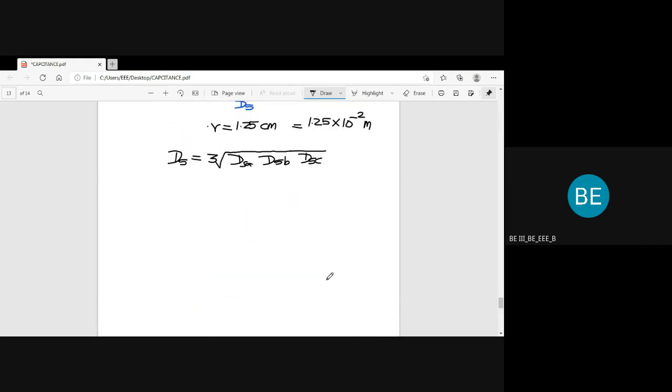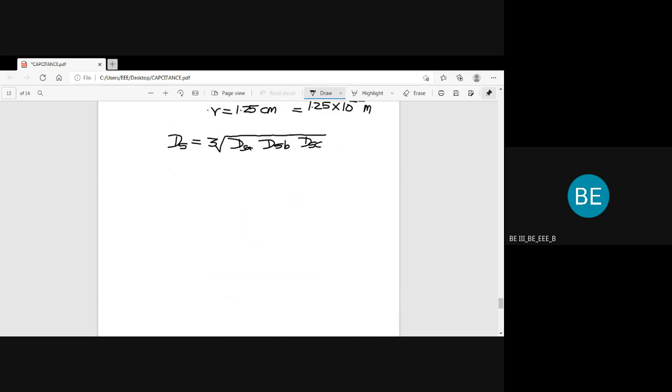Right. Once we have DsA, we have two formulas to calculate it. One is the fourth root of D_AA, D_AA dash, D_A dash A, D_A dash A dash.